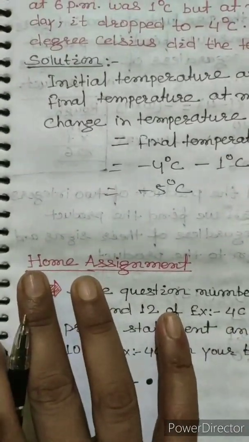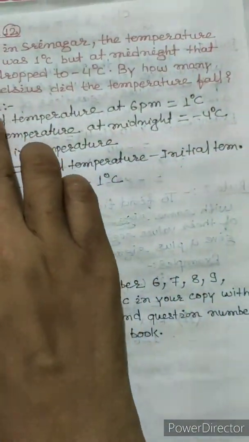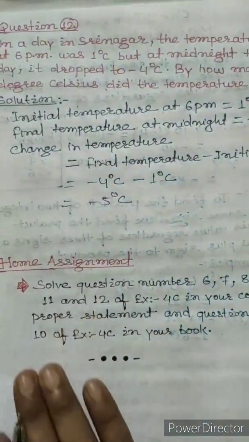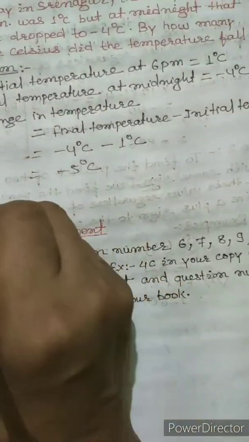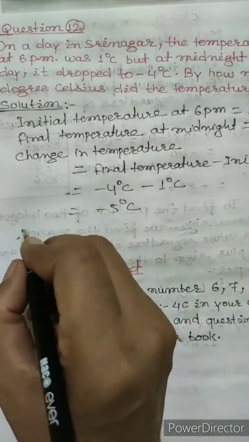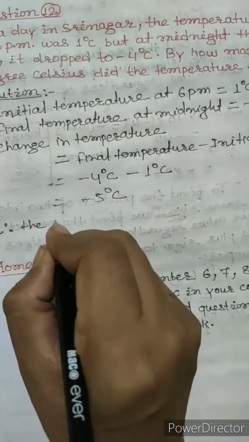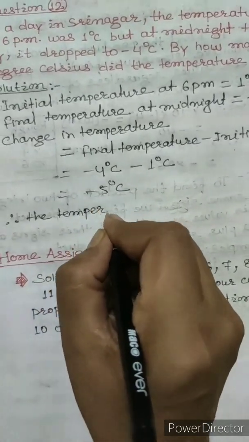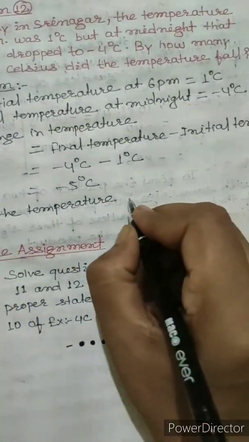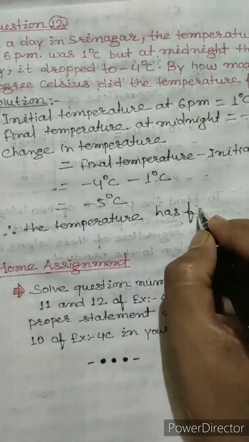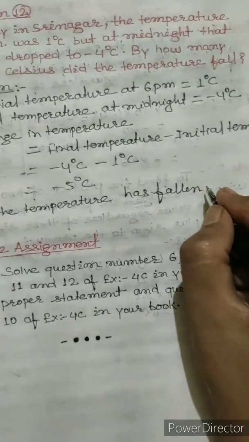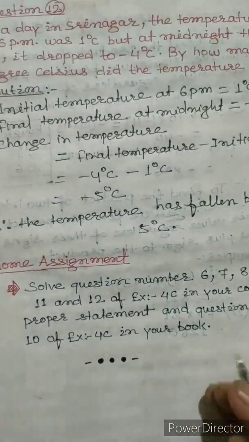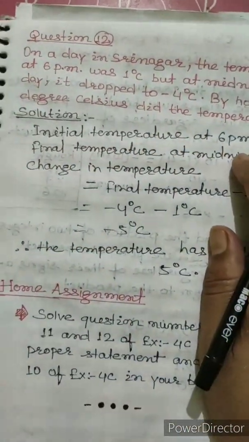The question asks by how many degrees Celsius the temperature fell. So the temperature has fallen by 5 degrees Celsius. This is your answer to question number 12.